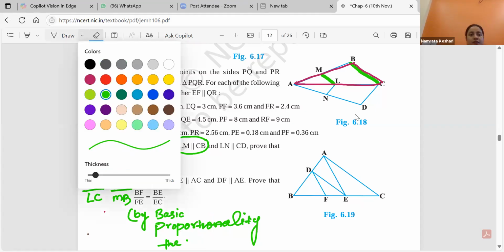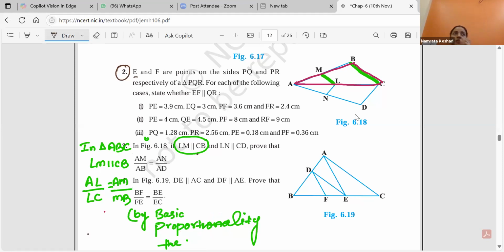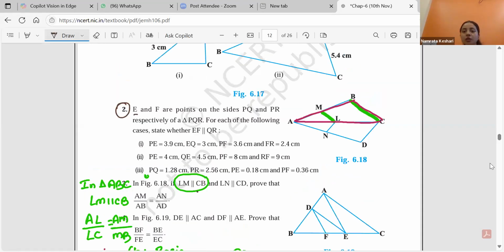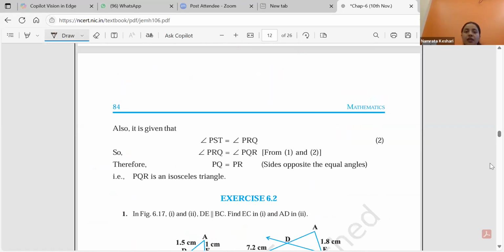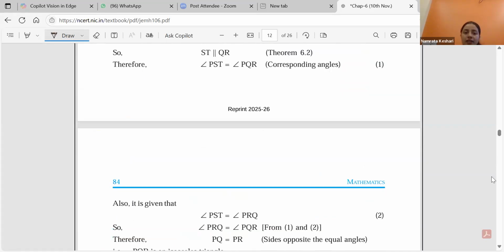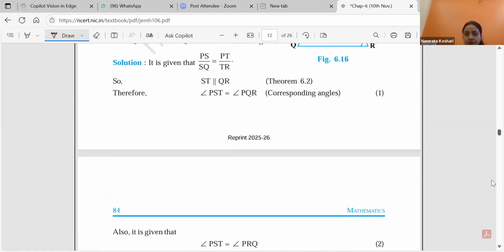The ratios are the same. In the last class, when we were discussing the whole class, we were discussing one proof. The proof says that if you have a triangle, and in that triangle you have a line parallel to one side of the triangle, and that line is intersecting the other two sides of the triangle at two distinct points, then the ratio between the other two sides will be the same.